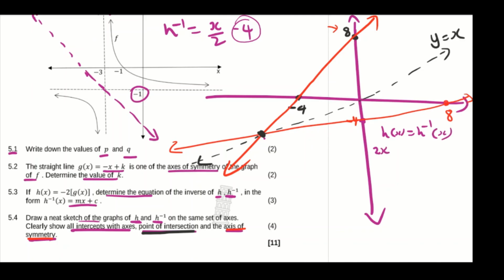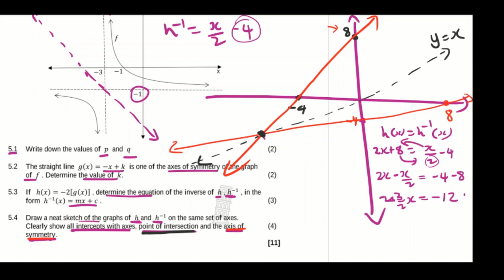It's 2x plus 8 is equal to x over 2 minus 4, right? So you're going to do your cross multiplication. Obviously not now. I wanted to remove this 2, but let me just transpose it to the other side. So it's 2x minus x over 2 is equal to minus 4, and then I transpose 8 to the other side, it's minus 8. And then I'm going to have 3 over 2x is equal to minus 12, right?